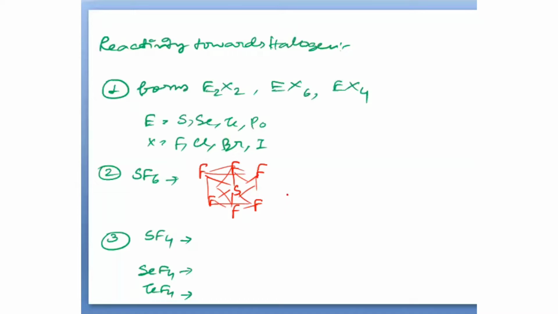Link is given in the description. Because of this kind of structure, it has a considerable amount of steric hindrance. So that's why it is not highly reactive. That means it is unreactive or non-reactive because of this steric hindrance.